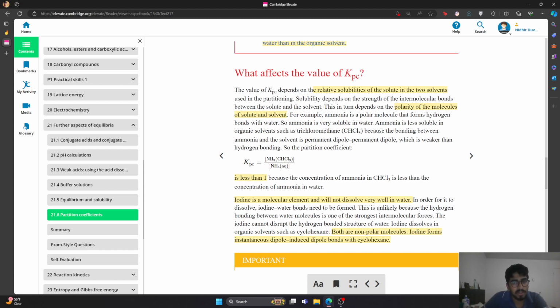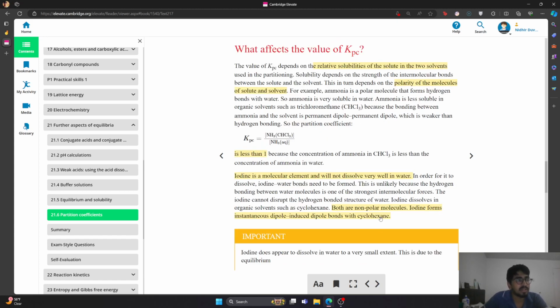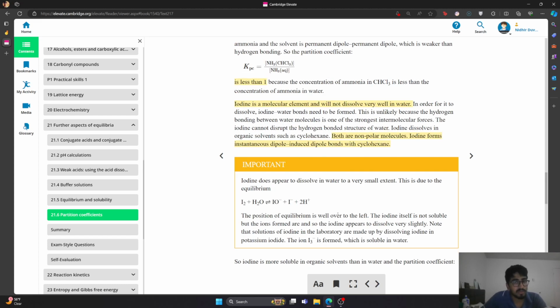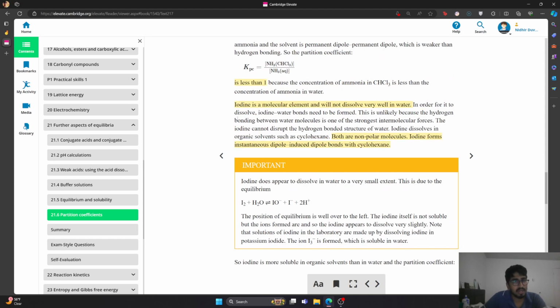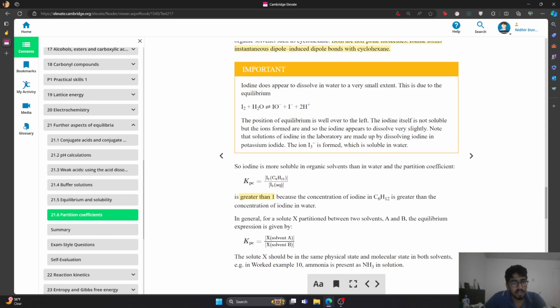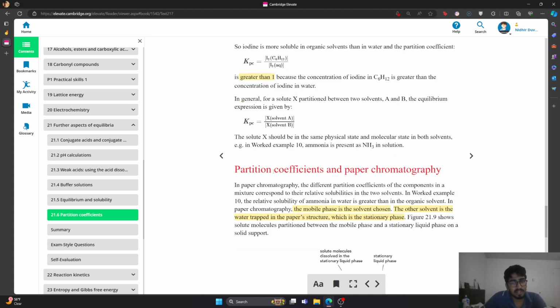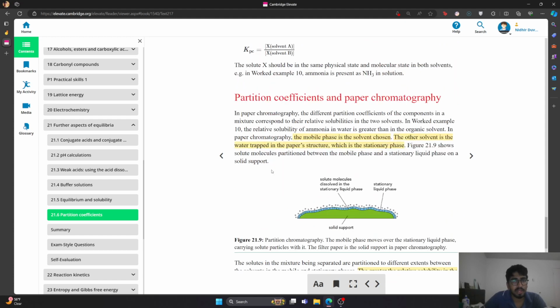So it dissolves well in cyclohexane, which is an organic solvent, so it will be non-polar. It will dissolve iodine nicely, but water will not dissolve iodine very nicely. There is some exception here, so make sure you understand this, but this is the core idea, the main idea.